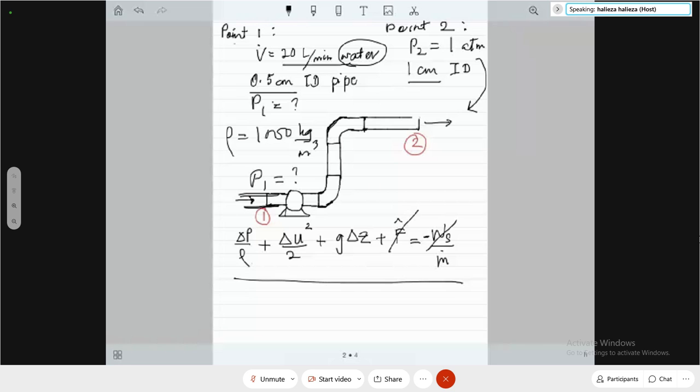So all we have is just the first three terms, that is your Bernoulli equation. So we're going to write that over here. Everything is equal to 0. That is your Bernoulli equation. How are we going to solve this problem? You're going to solve for pressure P1.